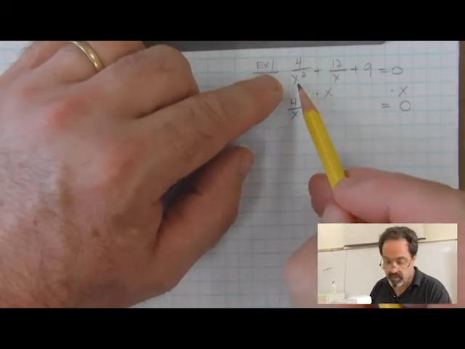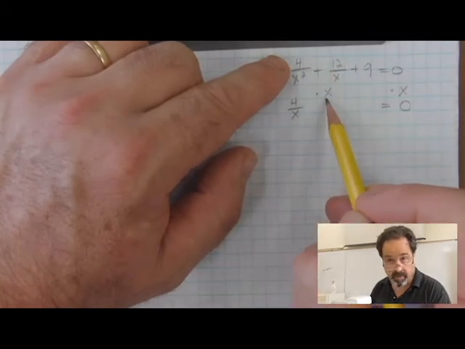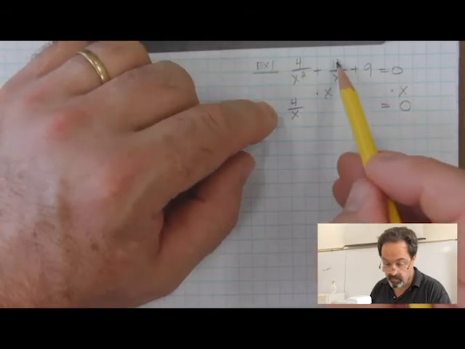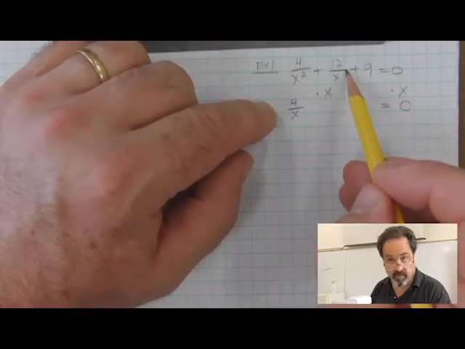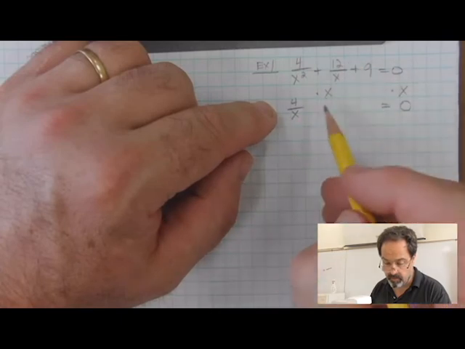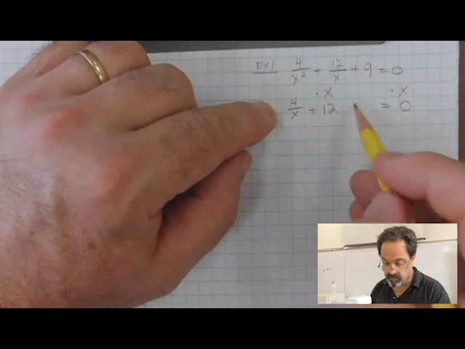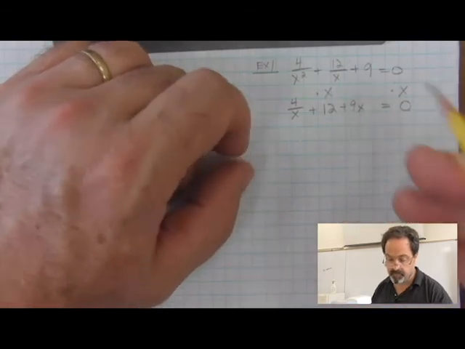Again, one of the x's in the denominator got canceled by the common factor in the numerator after we multiply by x. 12 divided by x times x will cancel the x in the numerator with the x in the denominator, leaving just 12. And 9 times x is 9x.